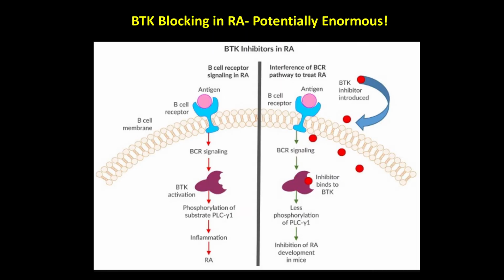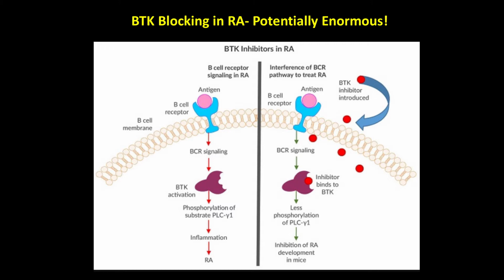So in rheumatoid arthritis, you could imagine that a BTK inhibitor would have an incredible effect on antigen-induced proliferation, on B cell numbers, whether in a joint or in the lung. Remember, interstitial lung disease is just loaded with B cells in rheumatoid arthritis and other diseases.